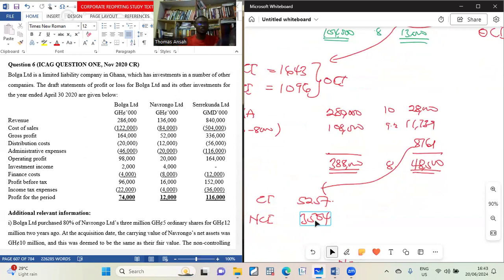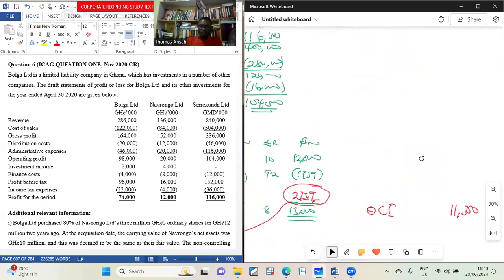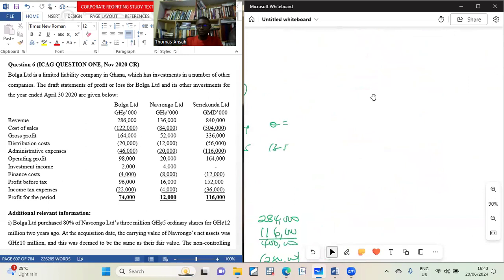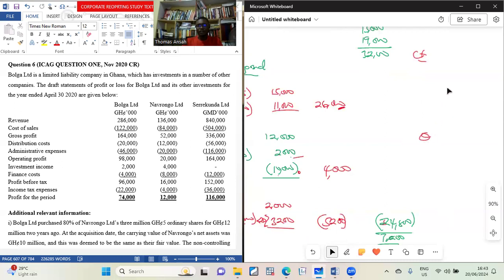So your 5,200 will be plus 3,504 plus 1,096. So it will be 9,600. So once you are sharing, it would have been like this, because this one is 11,500, right? So you can do that, or you can just finish sharing the first part, then you go and share the second part. That's all.